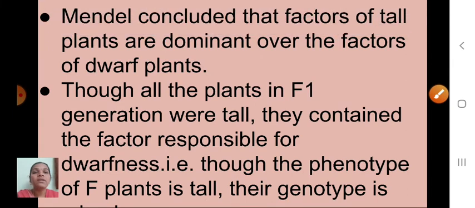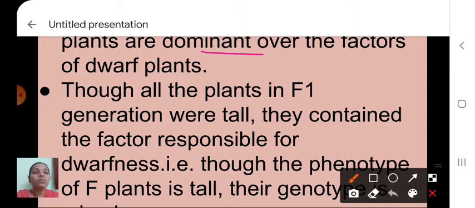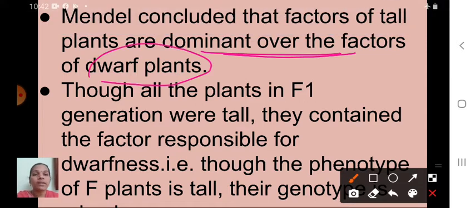See here children. So Mendel concluded that factors of tall plants are dominant over the factors of dwarf plants. In the first filial generation, all plants were tall. Understood now? Though all the plants in the F1 generation were tall, they contained the factor responsible for dwarfness.